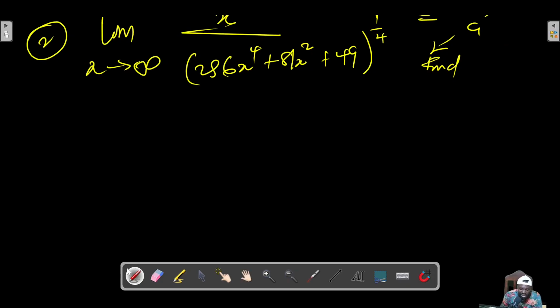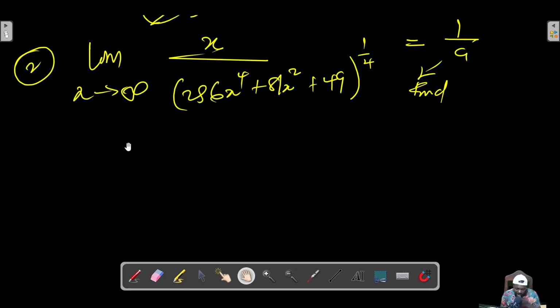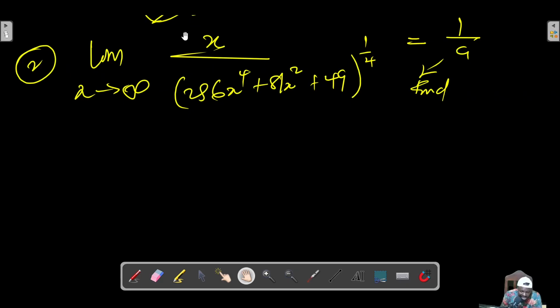So let us do that. Since you are taking the limit as x approaches infinity, what can I do? I can factorize. For the numerator I have a single term, which is x, so I don't have any problem here. But for the denominator, I can factorize out some expression such that it will cancel out the expression on the numerator.